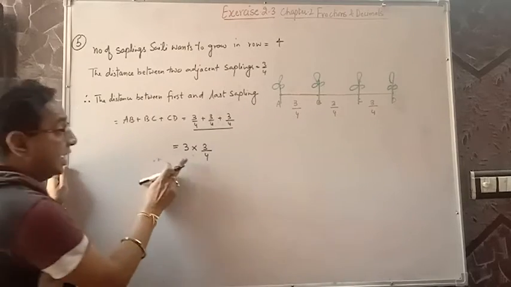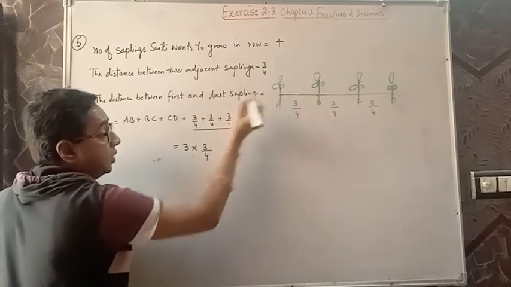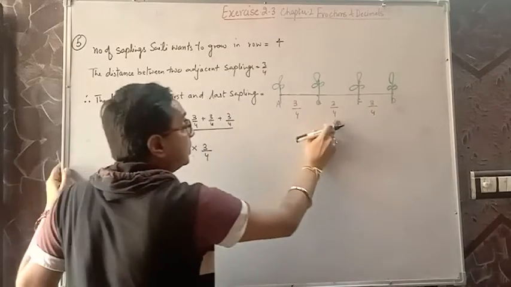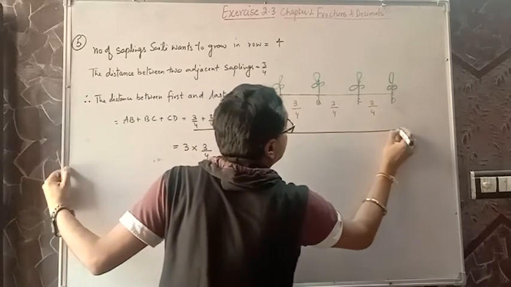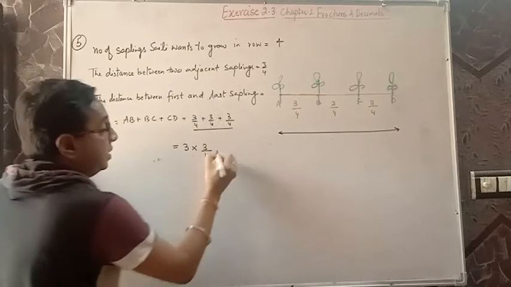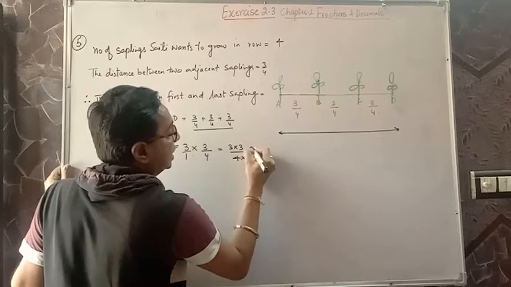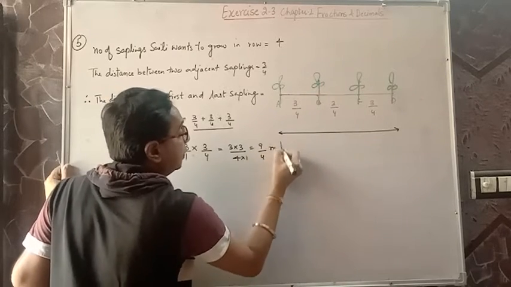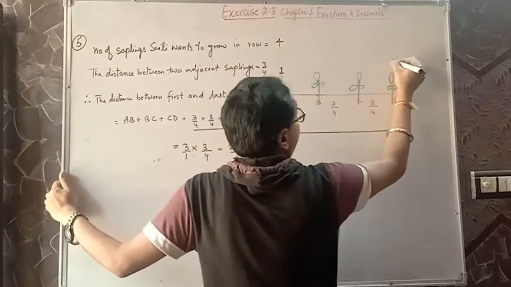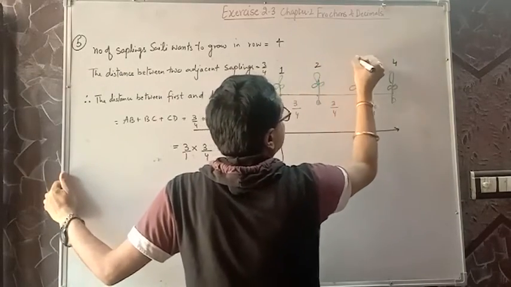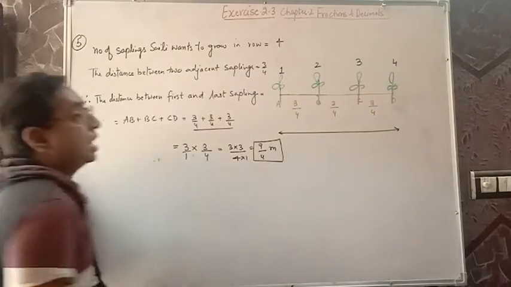Just to prove it, that is why I am doing it this way. 3 by 4 is coming 3 times. So what is the total distance? Simple, 3 into 3 upon 4 into 1, that is 9 by 4 meter. Therefore the distance between the first and fourth, meaning last, sapling is 9 by 4 meter.